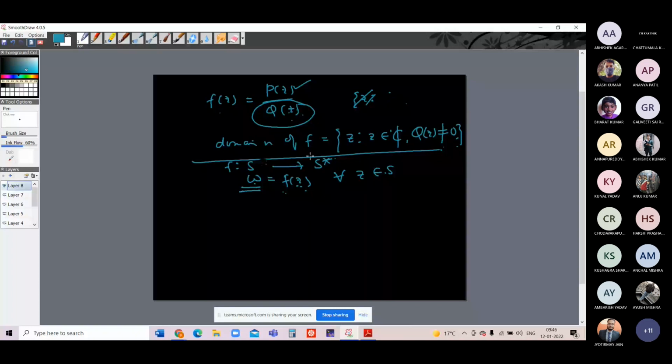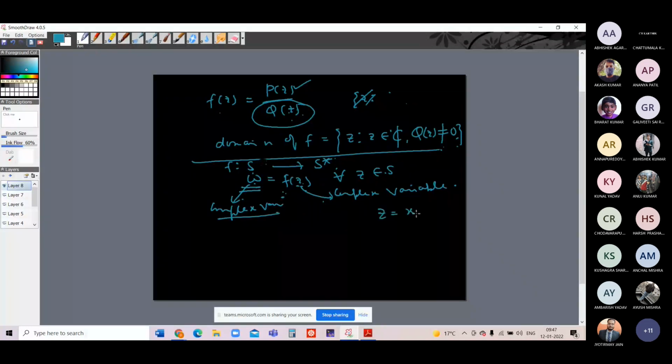Okay, as you know, this z is a complex variable because this is a function from a complex set to a complex set. So w must be a complex variable. Complex variable ही होगा.